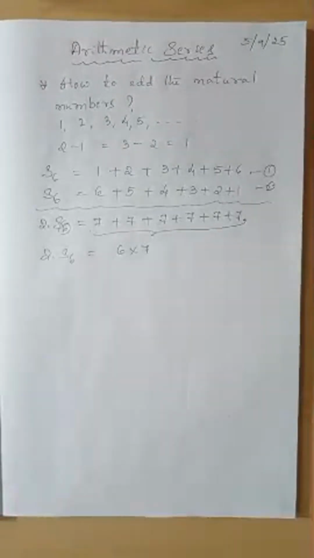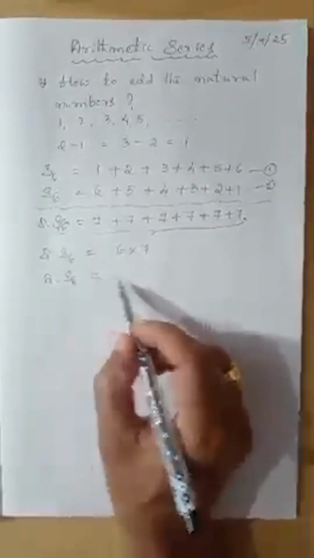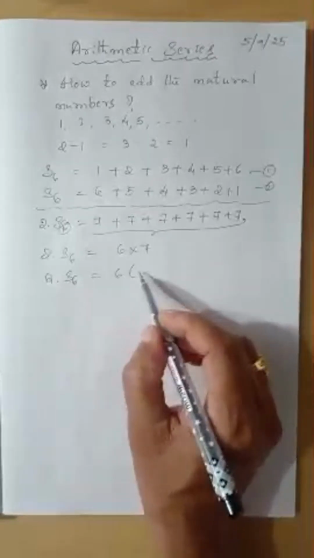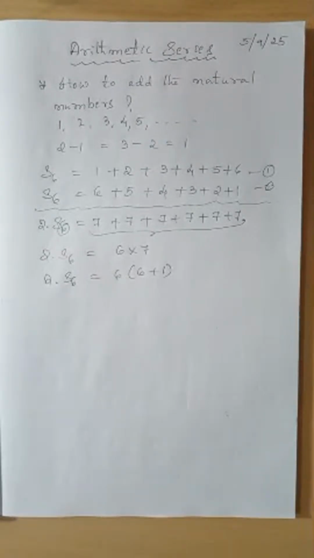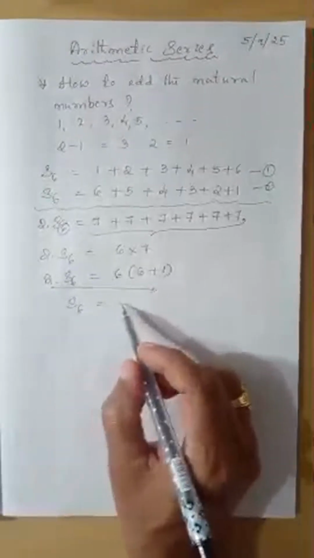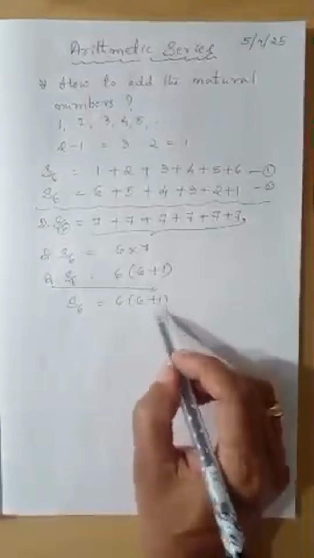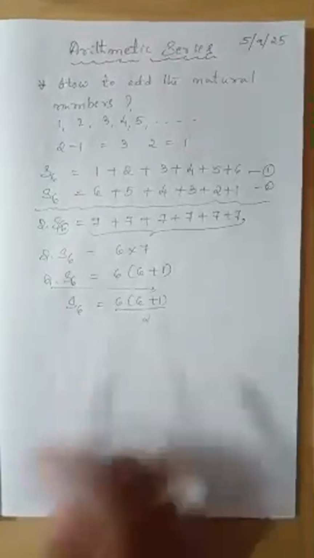You need to develop one relationship to find the sum of the arithmetic progression in which the common difference is equal to 1, nothing but natural numbers. 2 times S6 is 6 times 7, which can be written as 6 times (6 plus 1). Cross multiplying the 2, S6 is equal to 6 times (6 plus 1) divided by 2. This is for six natural numbers.